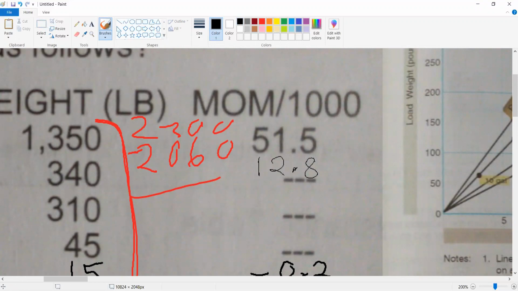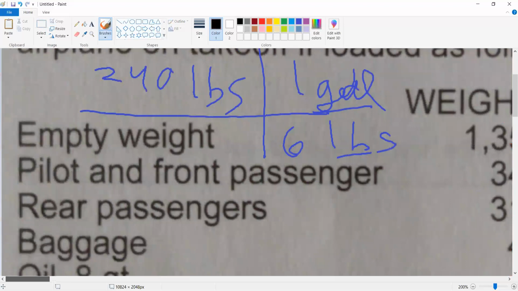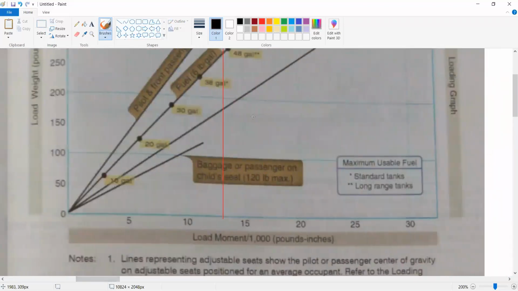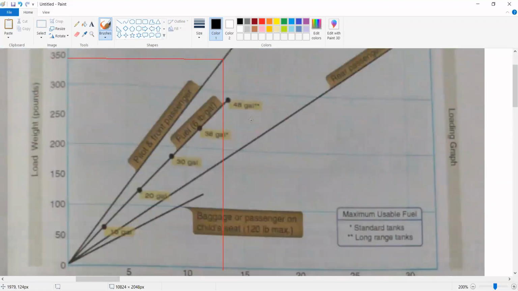All right, the next thing we should find is the rear passengers. That's 310. So let's go up here, find our rear passengers at 310.